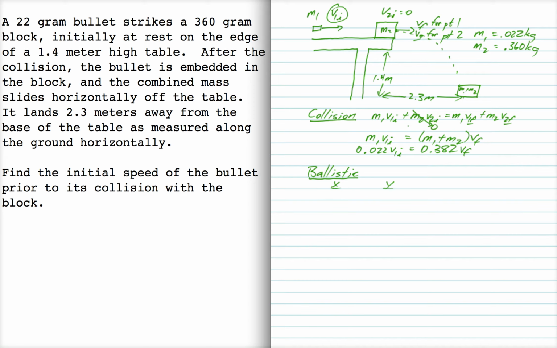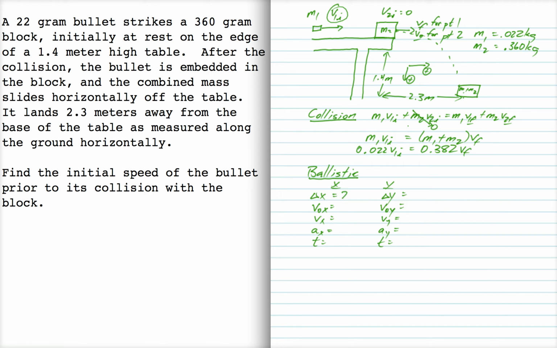Anytime you've got ballistic motion, we're going to split this up into x and y components and write down what's given for each component. Now I'm going to establish a sign convention that to the right is positive and down is positive, since generally that's the direction of motion.